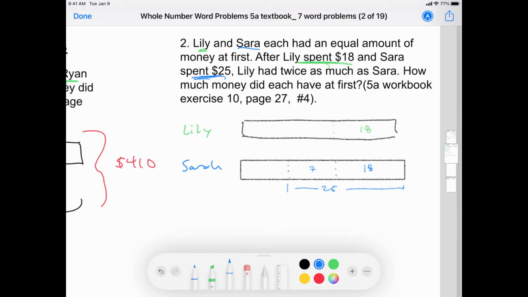Okay, so if I look at this, now Lily has twice as much as Sarah.